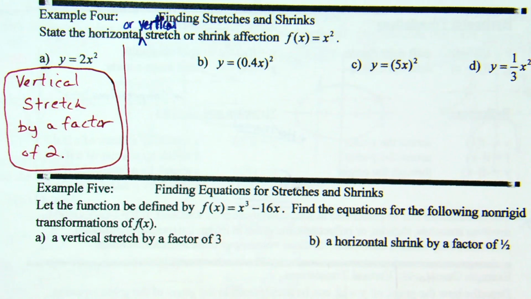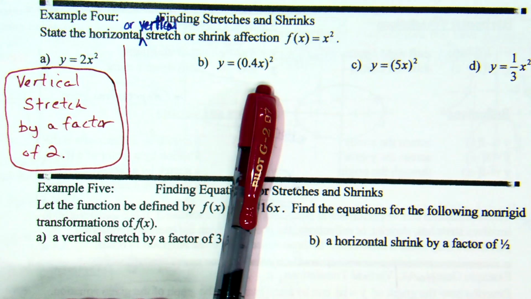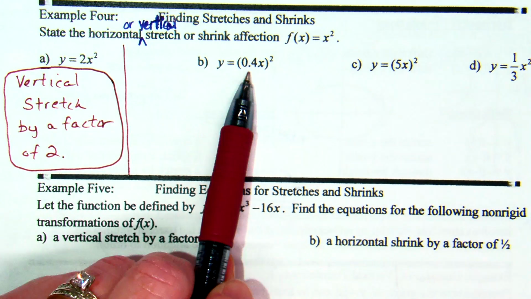So there's 2 different ways we can talk about this one. And we're going to talk about both ways. Okay? As it stands right now, this is 0.4x raised to the power of 2. So if you want to talk vertical on me, which we can do, you have to kind of simplify this out.